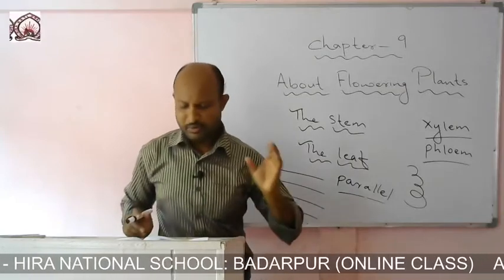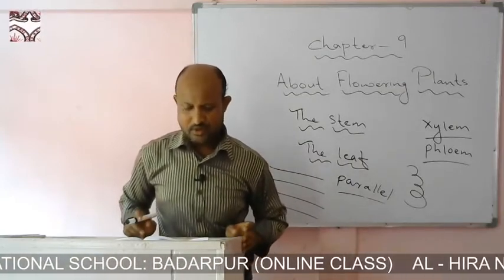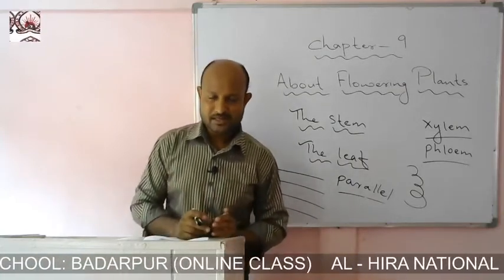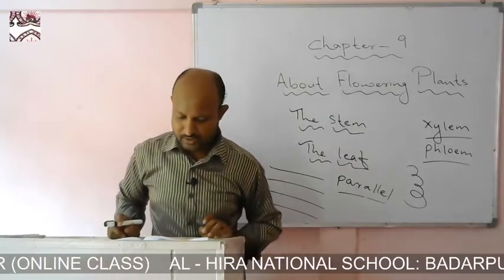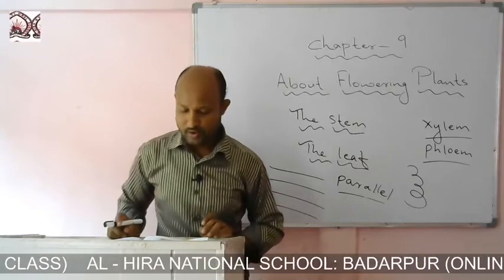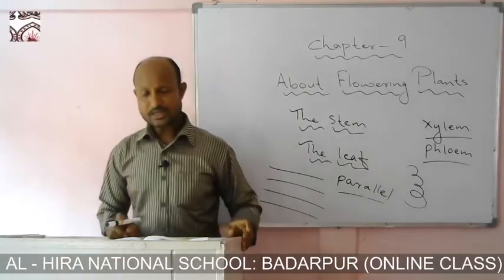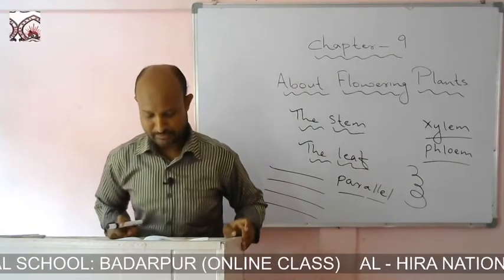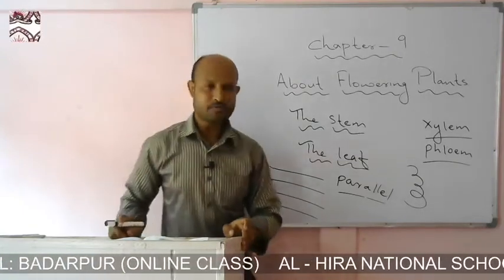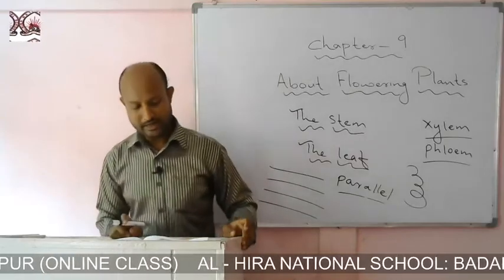But when the veins form a network across the leaf, as in china rose, pipal, lychee, mango, all such plants have got leaves of reticulate venation. So these are the two types of venation that we find in leaves.